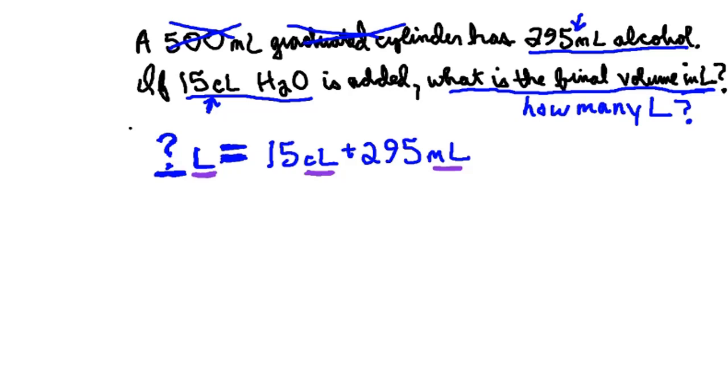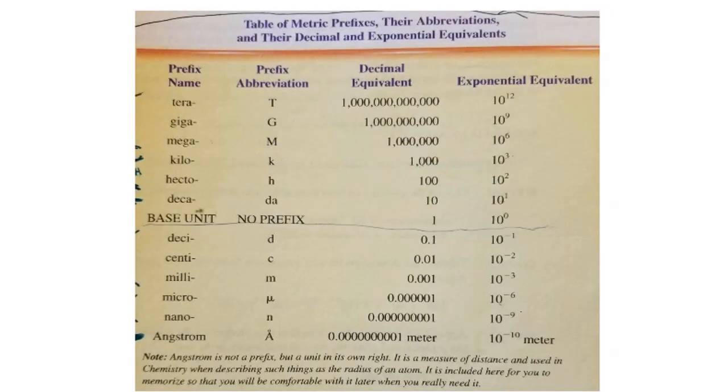So I'll show you, and I can send you this chart. This chart is based on the prefixes. If you look at centi down here, centi means 1/100ths. And that's because if you think of cent, 1 cent is 1/100ths of a dollar.